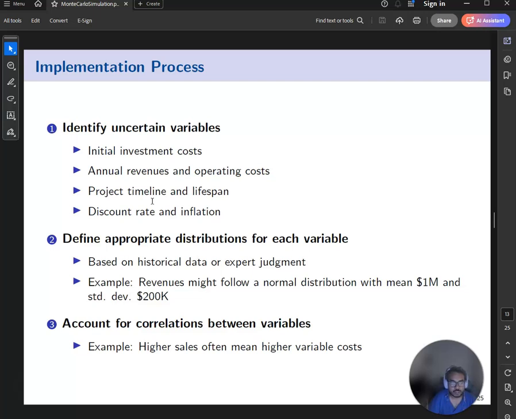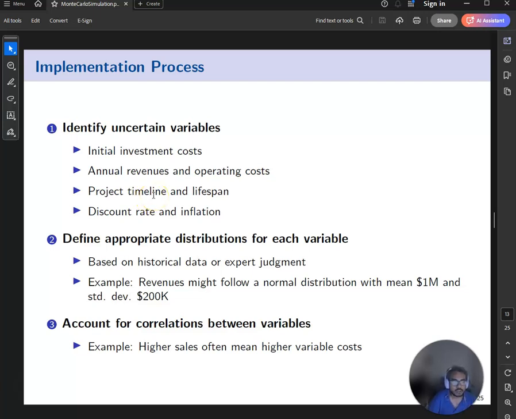Your annual stream of revenues and operating costs can fluctuate. There can be uncertainty with how long the project is supposed to run. Sometimes projects can overrun or they can end sooner than expected. There can be changes in discount rates, and there can be inflation that affects operating costs and revenue. So there are many different ways things can not go as you have planned.